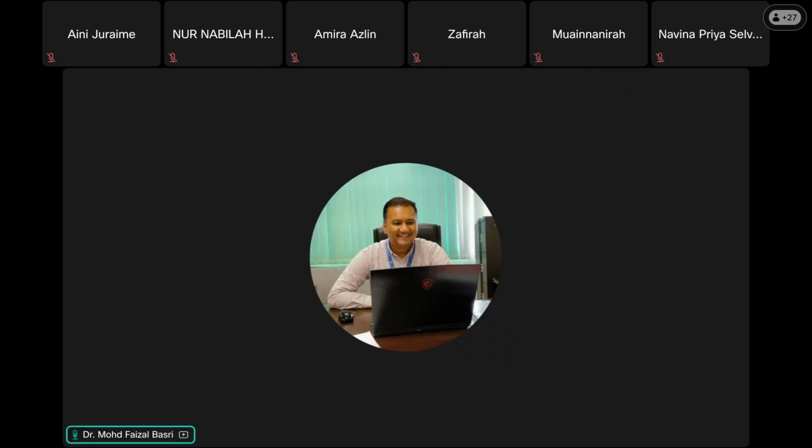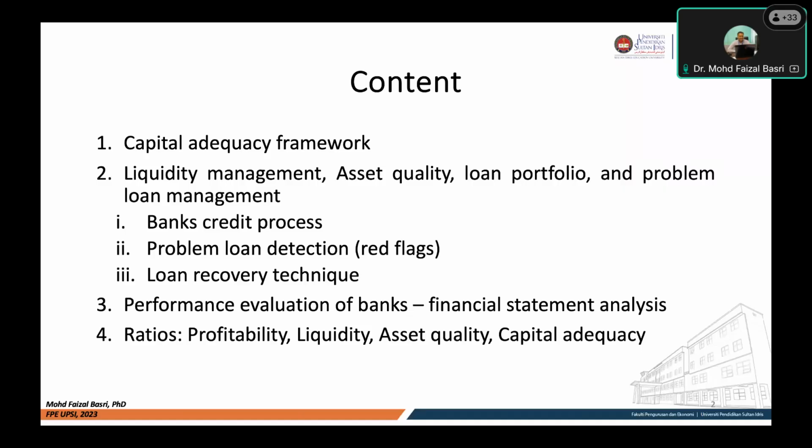With the capital adequacy framework as the initial part of it. Why capital? First of all, we will discuss what capital is, and then why we need a capital adequacy framework and what its importance is. The second part would be liquidity management, asset quality, loan portfolio, and loan management.